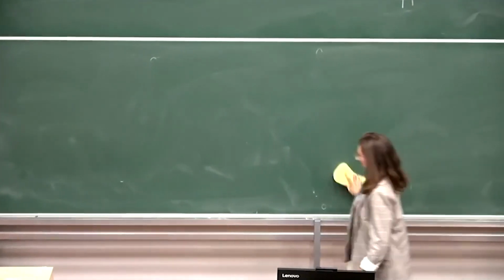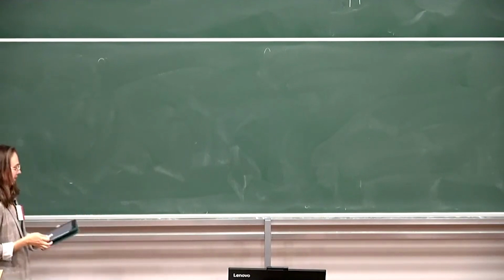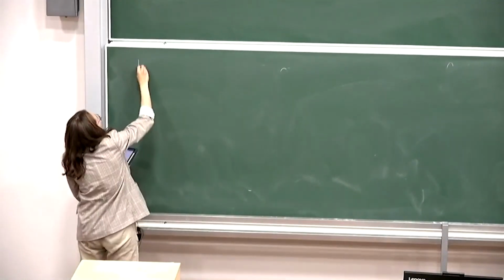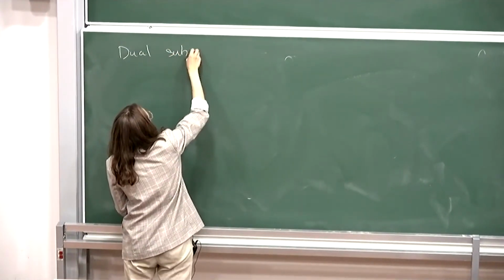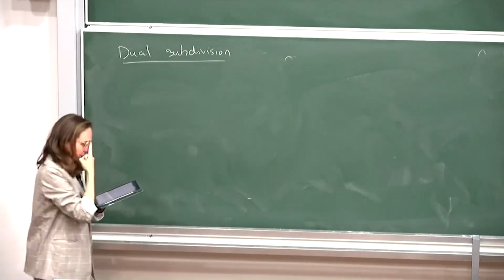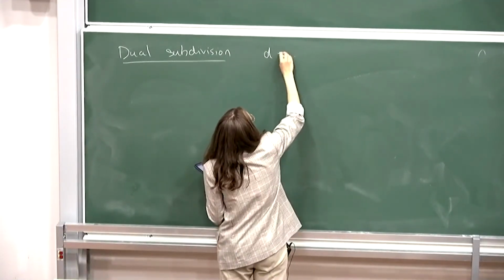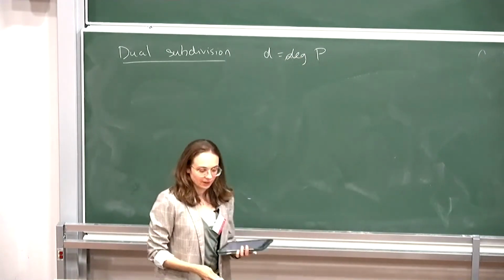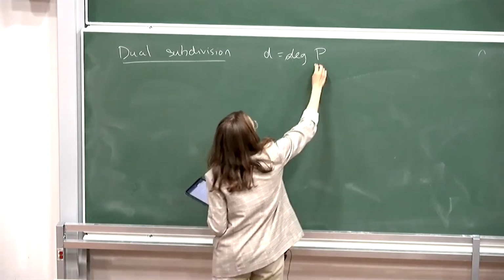Okay. So I claim that these are our simple objects, but I need to introduce a little more about them. So now I want to introduce the dual subdivision, which is defined by a tropical curve. So let d be the degree of the tropical polynomial we started with.